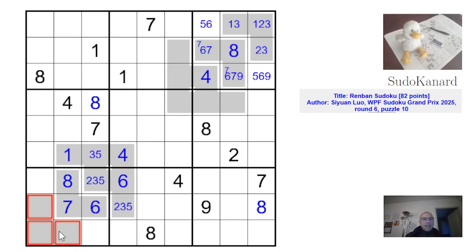This Renban can't contain the 9 because it would have to contain the 8. So 9 is on one of those places. And those are digits between 1 and 5. So 1, 2, 3, 2, 3, 4, or 3, 4, 5. There's always a 3, so that's not a 3.